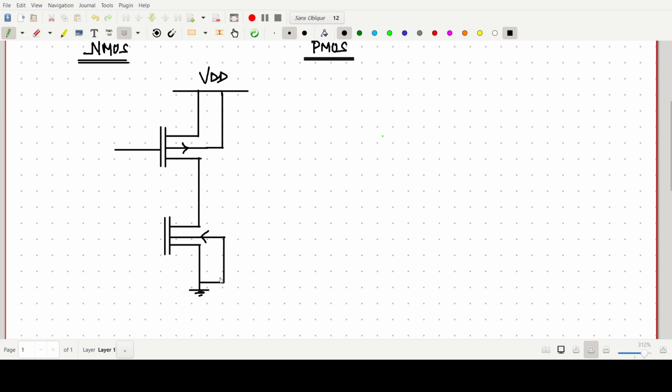The source terminal of NMOS is connected to ground, and the source terminal of PMOS is connected to VDD.